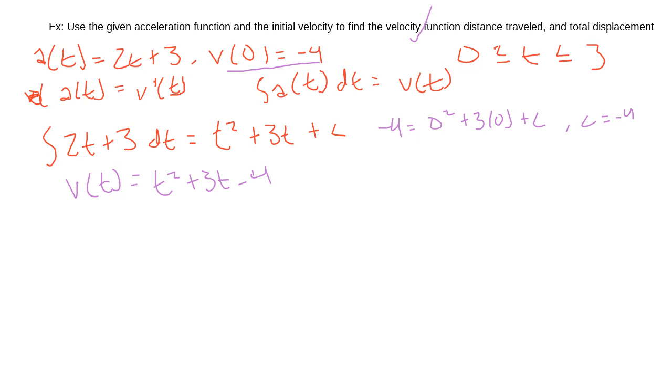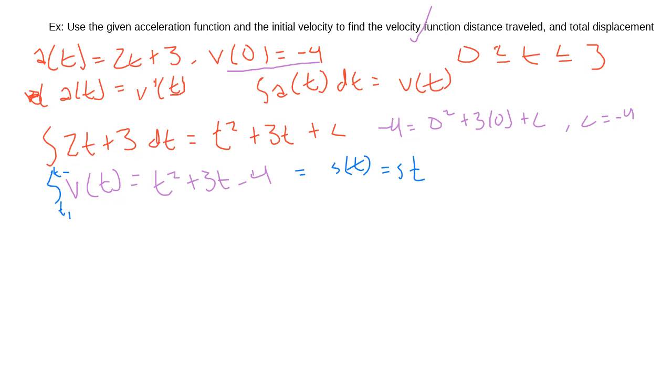So now we have to look at our distance traveled and our displacement. Actually, let's go ahead and solve for displacement first. As we said earlier, if we integrate our velocity function, we are going to get a position function, and if we do it with bounds from t1 to t2, we can get our total change.